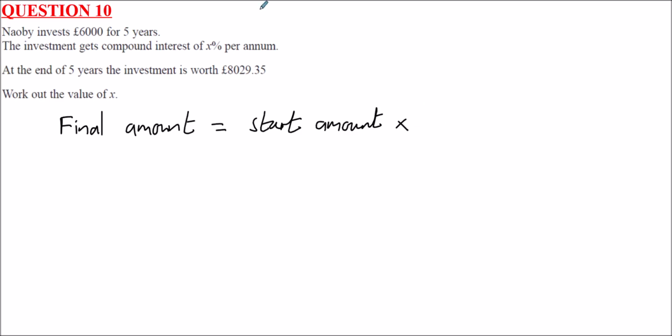So multiplied by some multiplier, and that multiplier is always raised to the power of the number of years, or number of time periods. It might be the number of months in a different question.